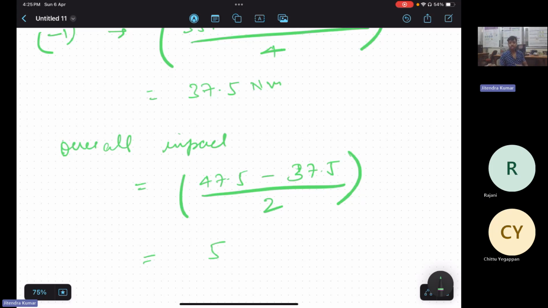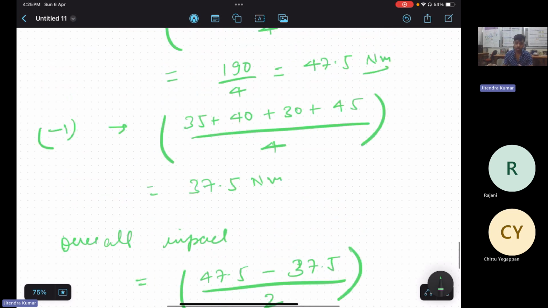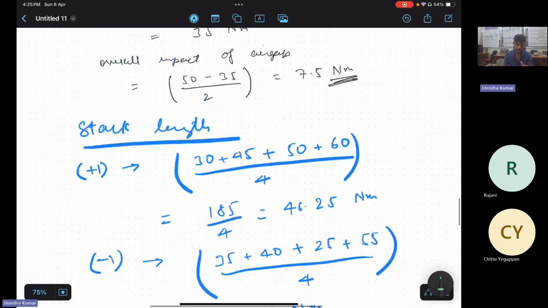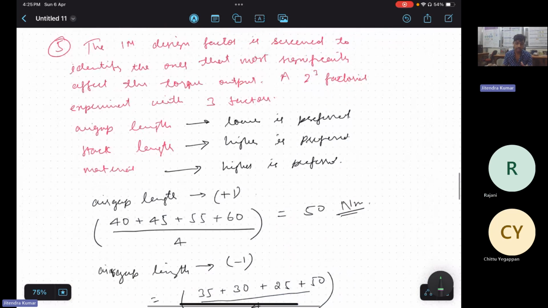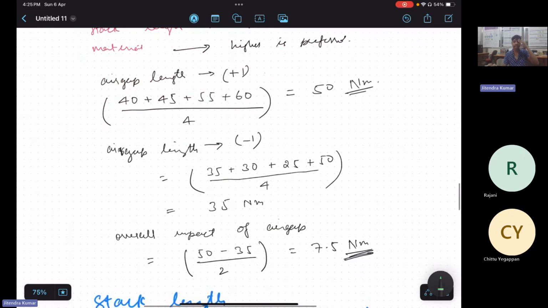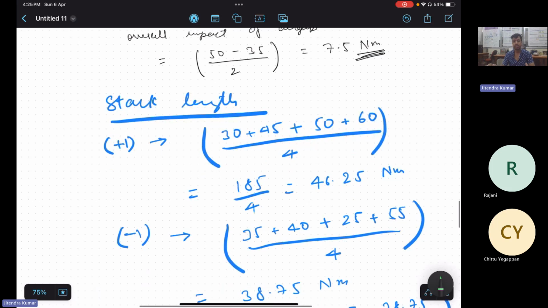So now, which factor? We had options as air gap, stack length, material, or the last option, both air gap and material.